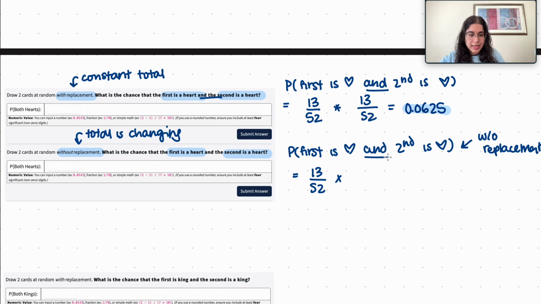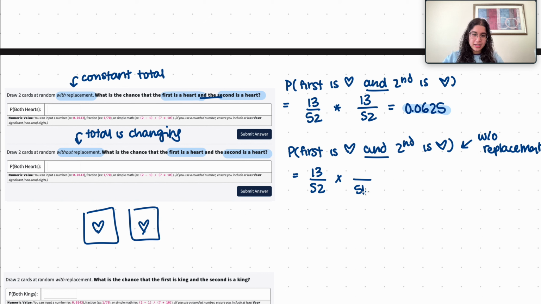Again, it's "and," so I'll be using the multiplication rule. For the probability that the second card is a heart, when I draw the second card, the deck only has 51 cards in it because this is without replacement. I didn't put my card back. And assuming the first card was a heart, the second card is also a heart.